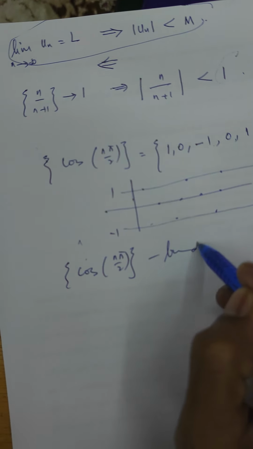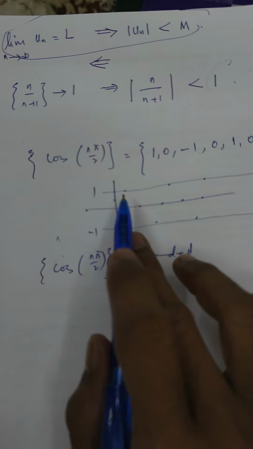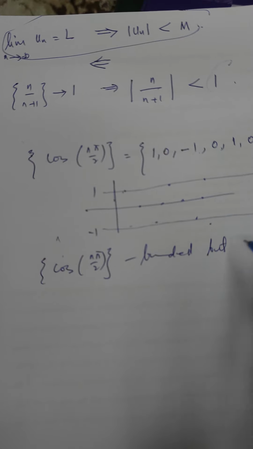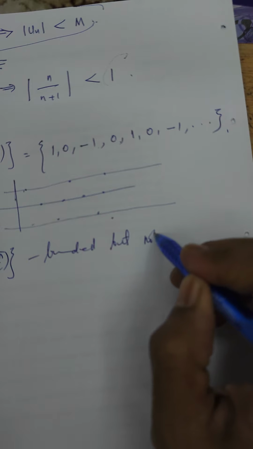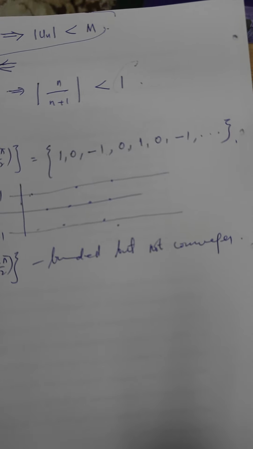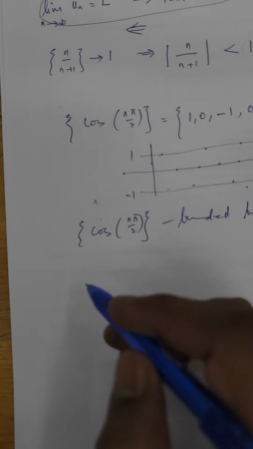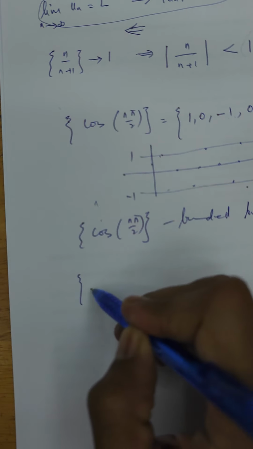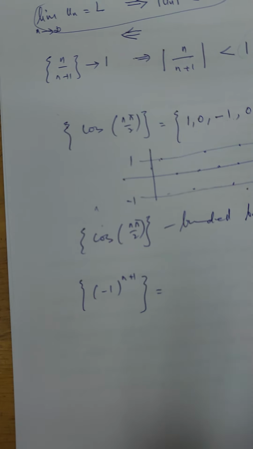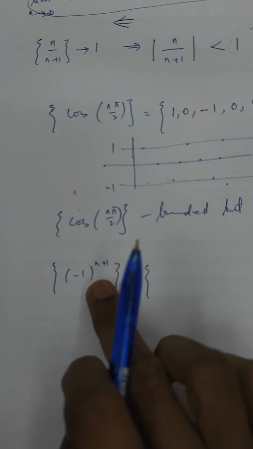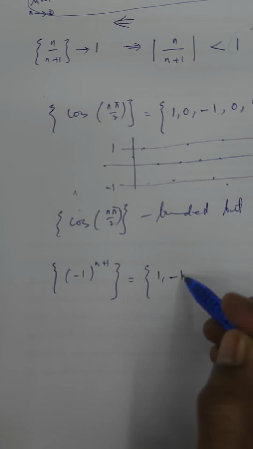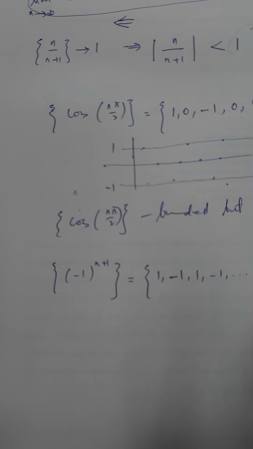This is bounded. We have an upper bound and we have a lower bound, so it is bounded, but not convergent. Another example that we can have: consider this example here, with negative 1 and positive 1. If you list it down, the sequence is 1, negative 1, and 1, negative 1, and so on.